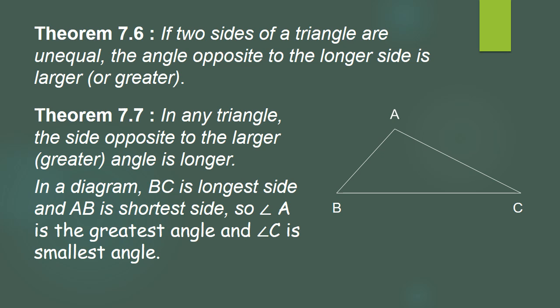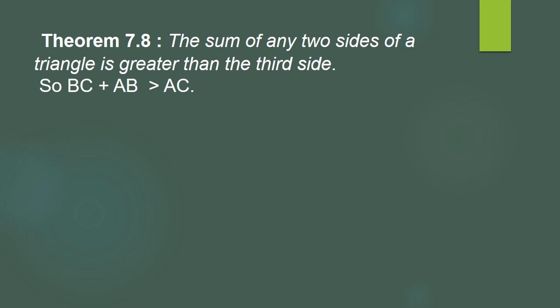Now the next, the sum of any two sides of a triangle is always greater than the third side. So if we consider triangle ABC, then the addition of two sides, that is BC plus AB, will be greater than AC.